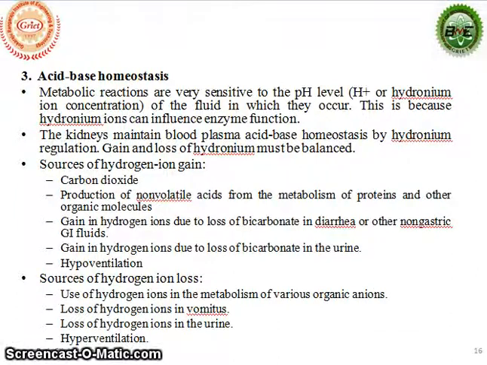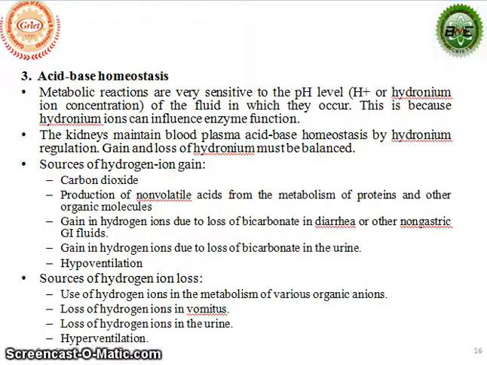Acid-base homeostasis. Metabolic reactions are very sensitive to the pH level of the fluid in which they occur. This is because hydronium ion concentrations can influence enzyme functions. The kidney maintains blood plasma acid-base homeostasis by hydronium ion regulation. Gain and loss of hydronium ion must be balanced.